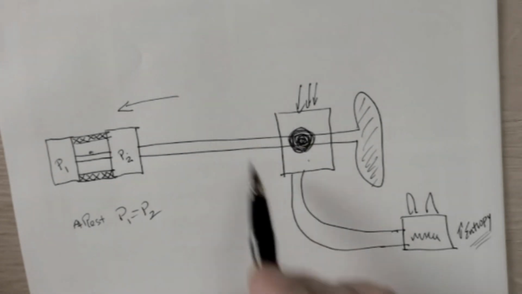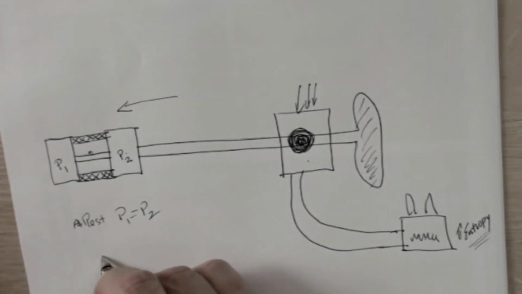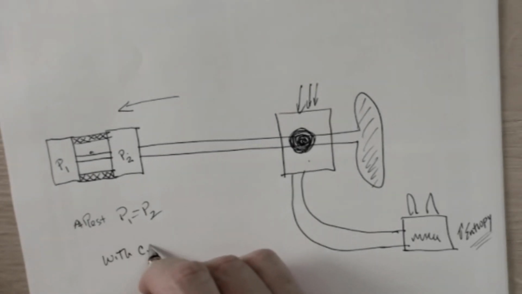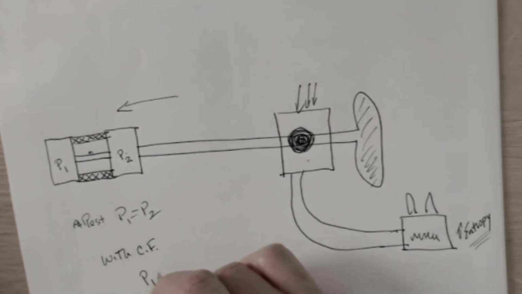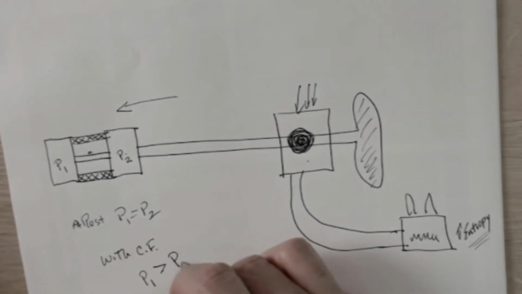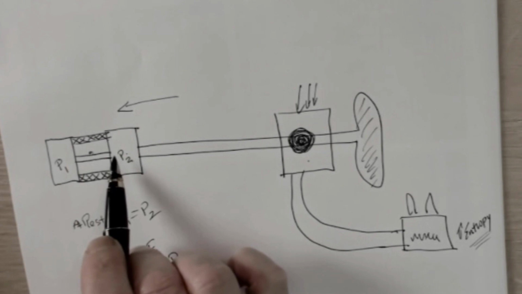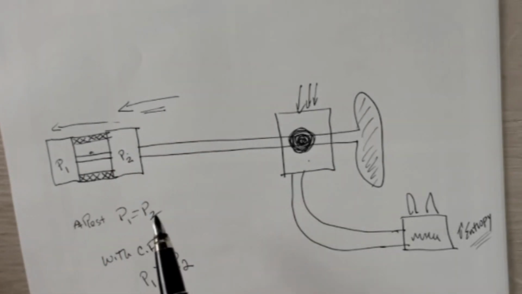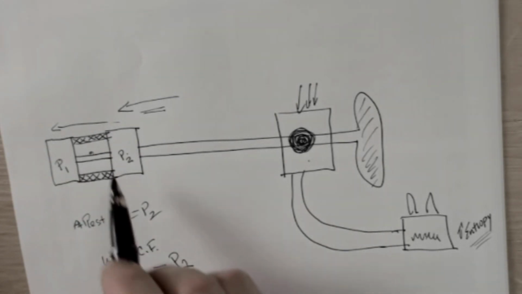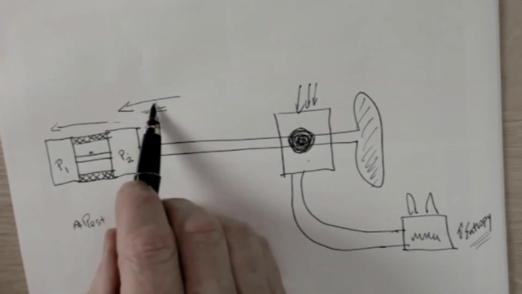Now, once this spins up, what you're going to find with centrifugal force is that P1 will be greater than P2 because the mass of the air in these two chambers will be affected by this centrifugal force, and work will be done on the system in that direction. Work is defined as the displacement of mass in the direction of an applied force.